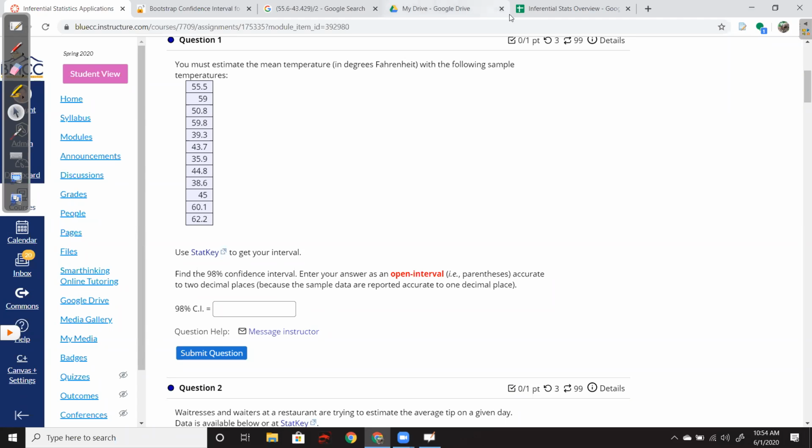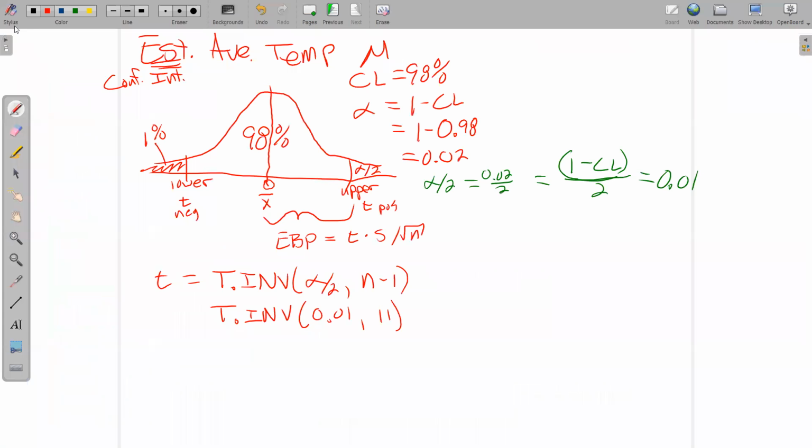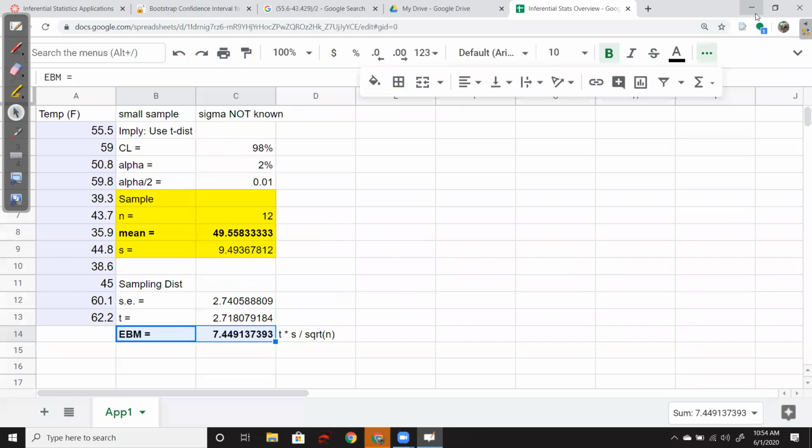All right, so back here, I'm going to report my mean as 49.56. So let's get that in the notes. There we go. So I'm just going to redraw that picture there. .56 is my center, and I now have a margin of error, which is what, 7.45.